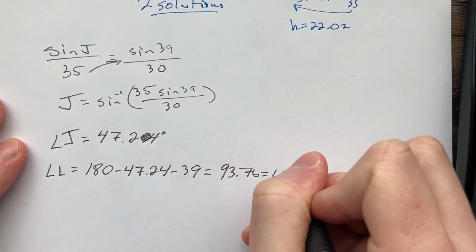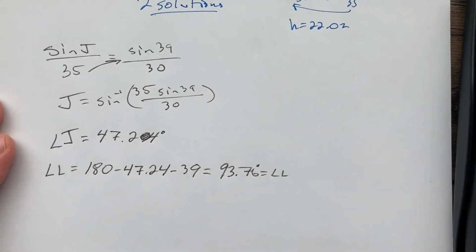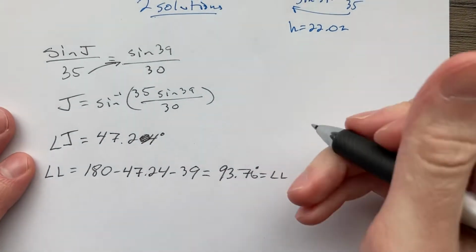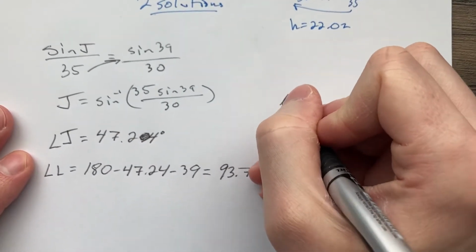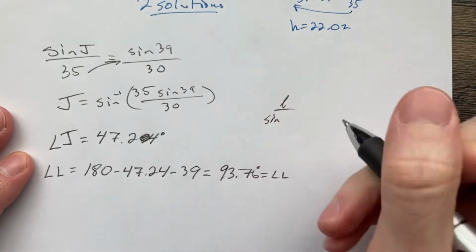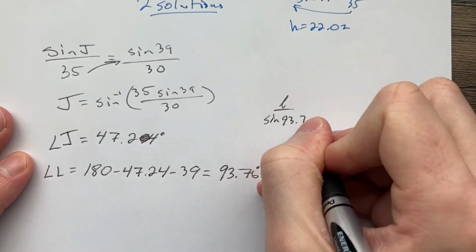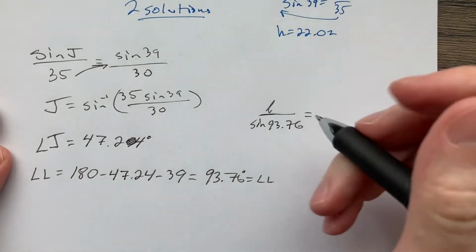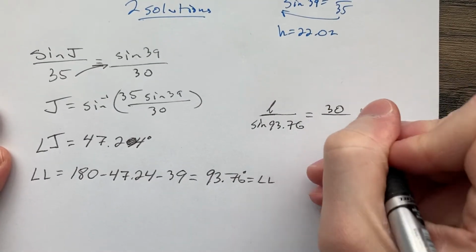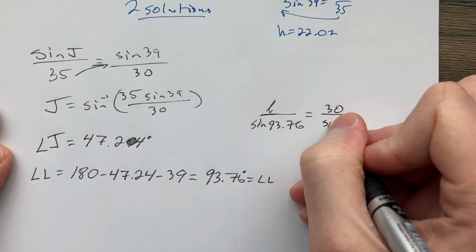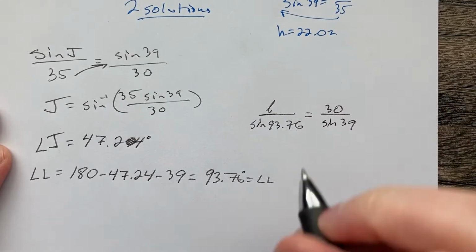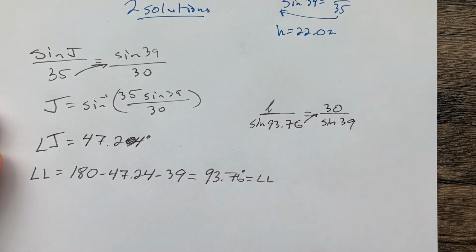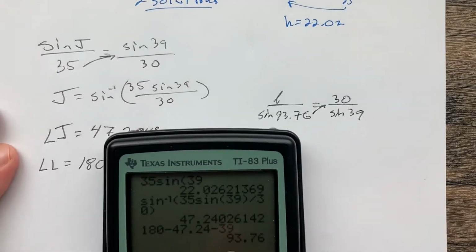Okay, there's angle L. And then finally, side L will be L over sine 93.76 is equal to 30. That's side K over angle K, sine 39. Move up to sine 93.76, multiply that by the 30.